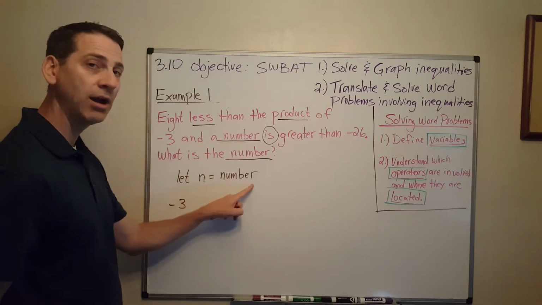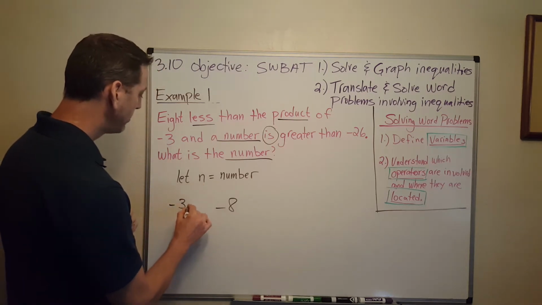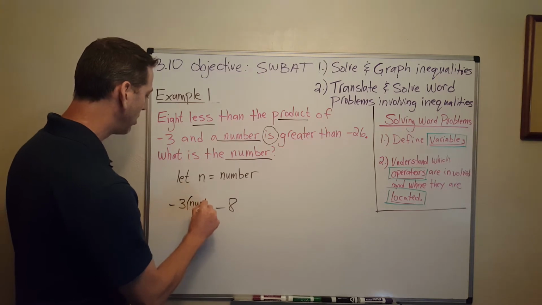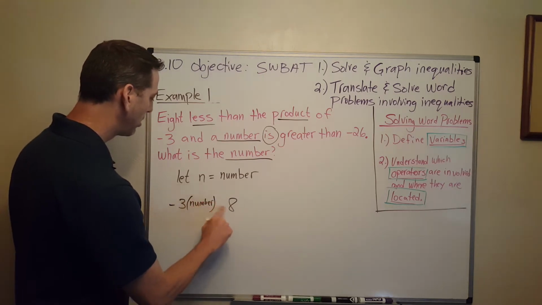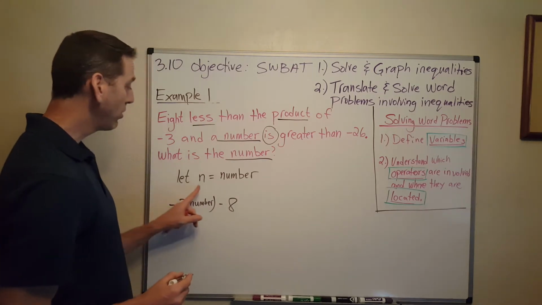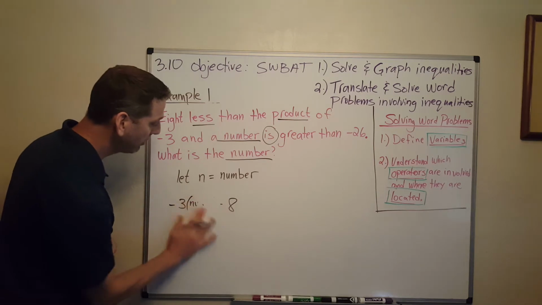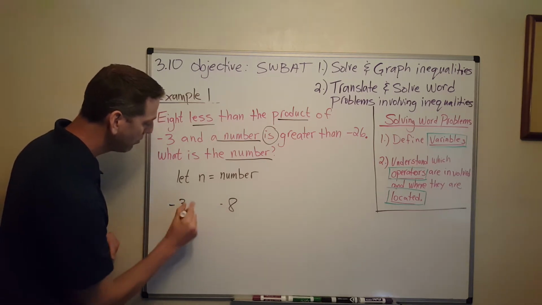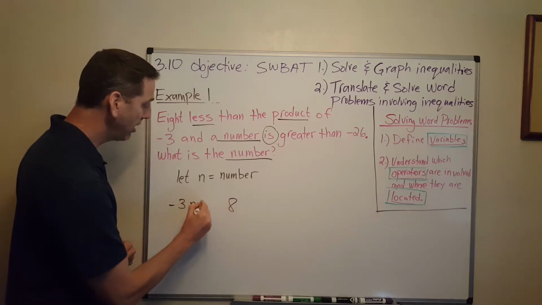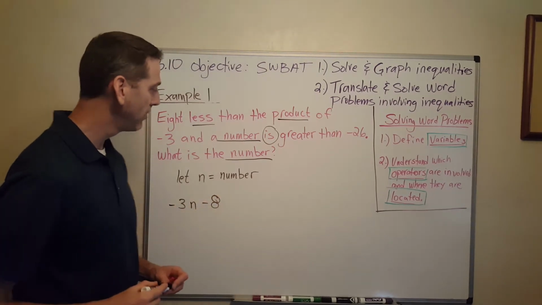Instead of saying number, we're going to say n. So we could say -3 times a number -8. But we already know what a number is. It's n. So instead of putting number there, we can just say -3n. So -3n -8, sorry for all the erasing.